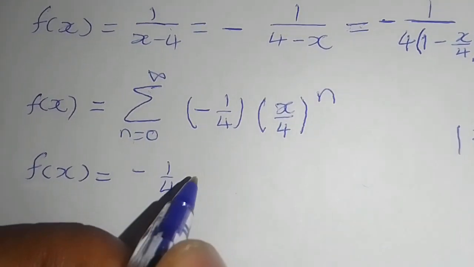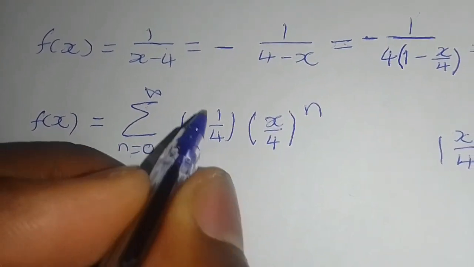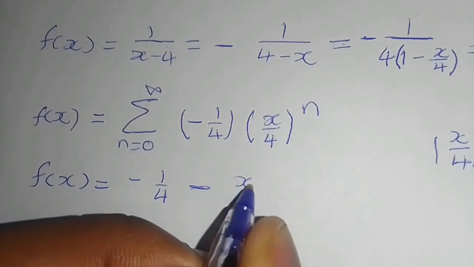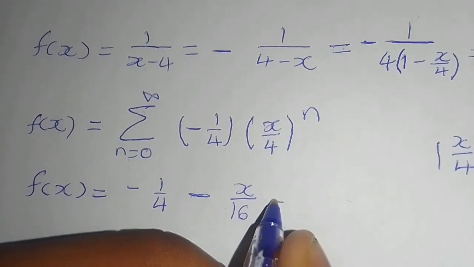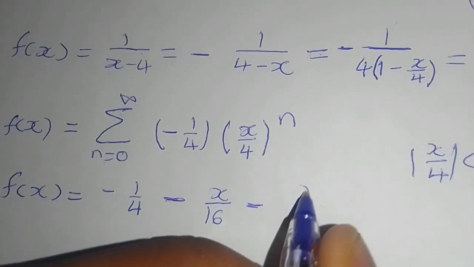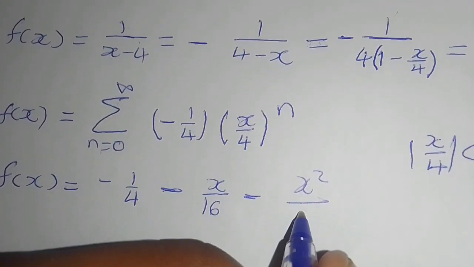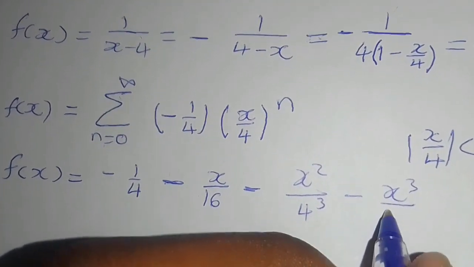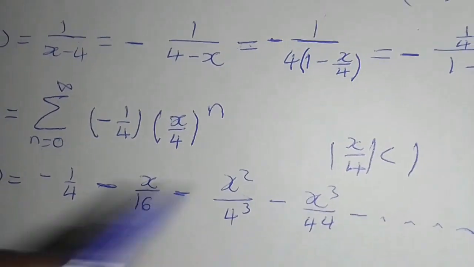And then you have your second term. Just keep in mind every term is going to be affected by this negative right there. So you're going to have minus x over 16, and minus again, you're going to have x squared over 4 cubed. Let me write 4 cubed right there, and you're going to have minus x cubed over 4 to the 4th, and that pattern is going to proceed like that.